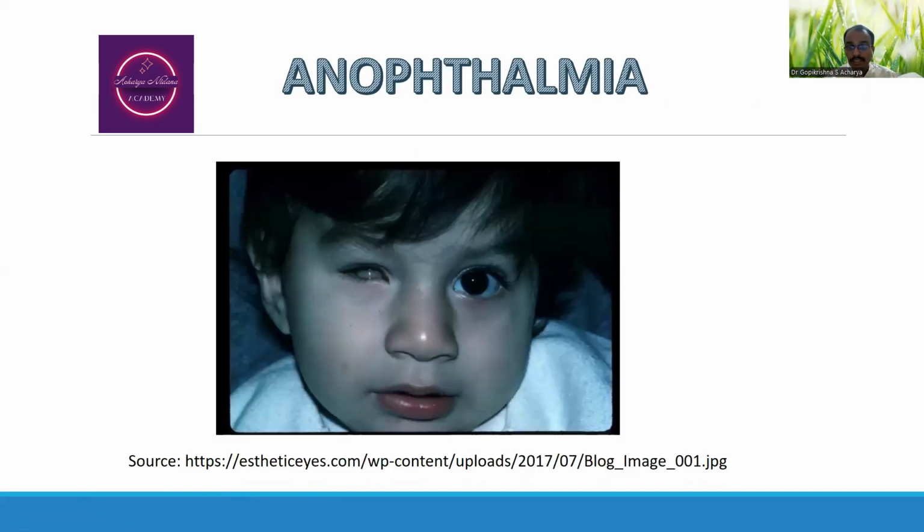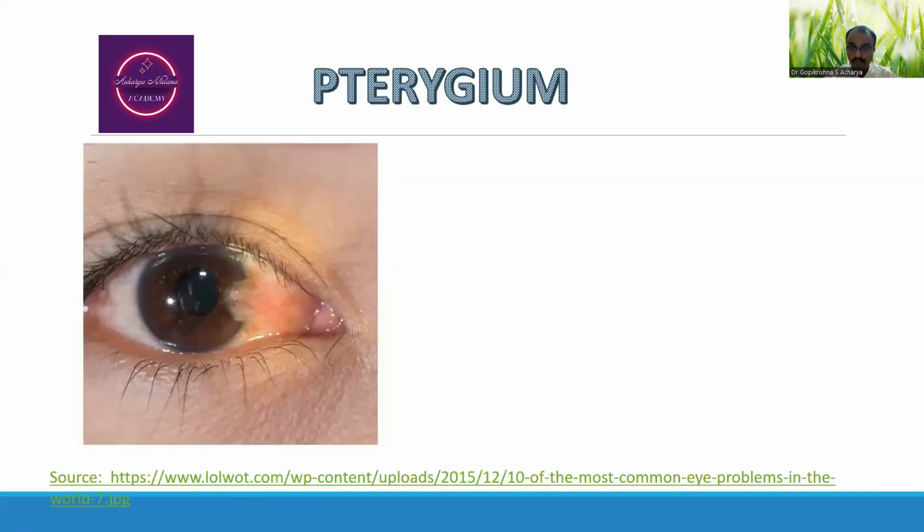In this image there is an absence of the eyeball. Here on the right side, the eyeball is absent. This particular image shows the growth of the conjunctiva, observed from the medial canthus towards the cornea.